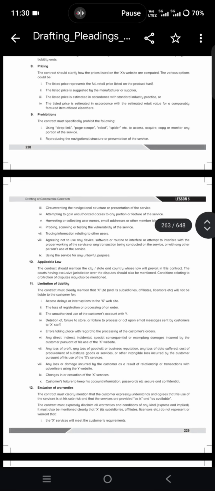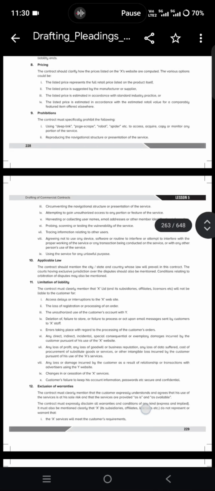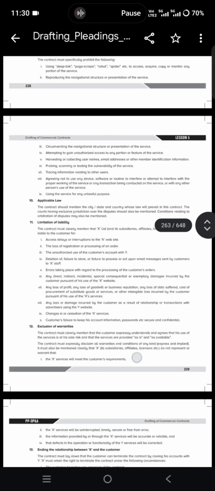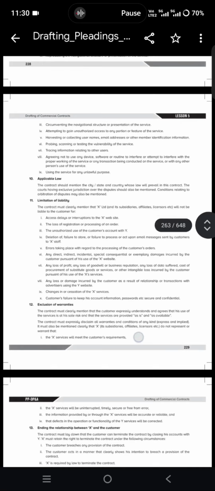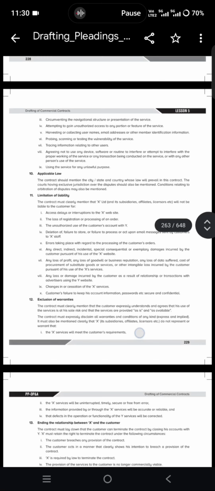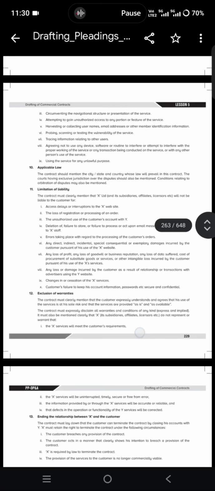Sometimes there is an interruption in an e-commerce platform like Flipkart and all; there will be interruption. So he cannot give a warranty that all the services will be uninterrupted, timely, secure, and free from error. He cannot give that warranty, and the information provided by or through the X services will be accurate and reliable. That also can't be said. The information may not be accurate and reliable, and that defects in the operations or functioning of Y services will be corrected.